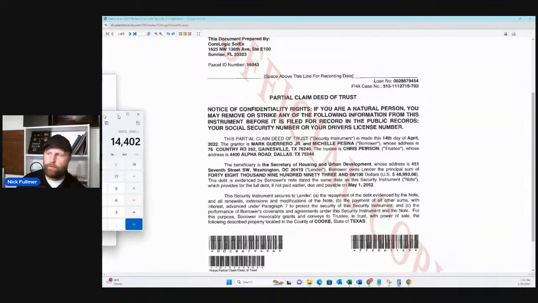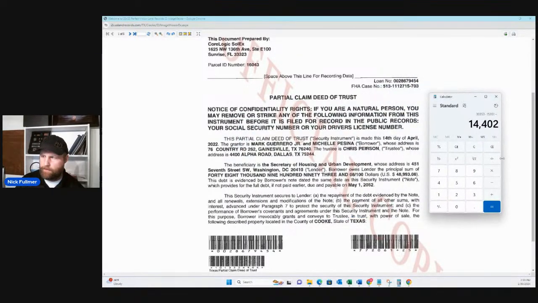So if I pull up my calculator again, we had maybe an overage of 14 just by subtracting what it sold for minus what we think was owed on the first. But if we subtract this second mortgage, is there any money here? Is this a deal to go after?